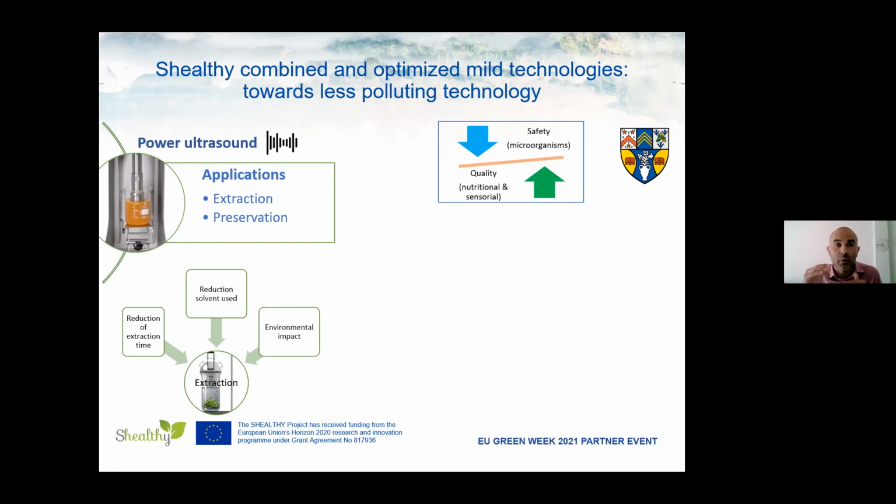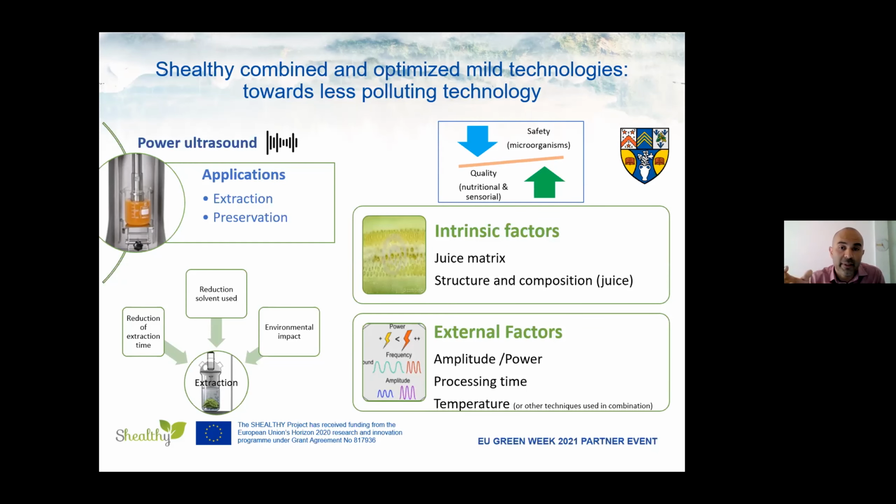This balance depends in many cases on intrinsic factors, which are the juice matrix, the structure and composition of the juice, and also external factors, as I mentioned before: the amplitude of the ultrasound, the acoustic power we are giving, the processing time, and the temperature. And here is the combination with other technologies that allows us to obtain different results.